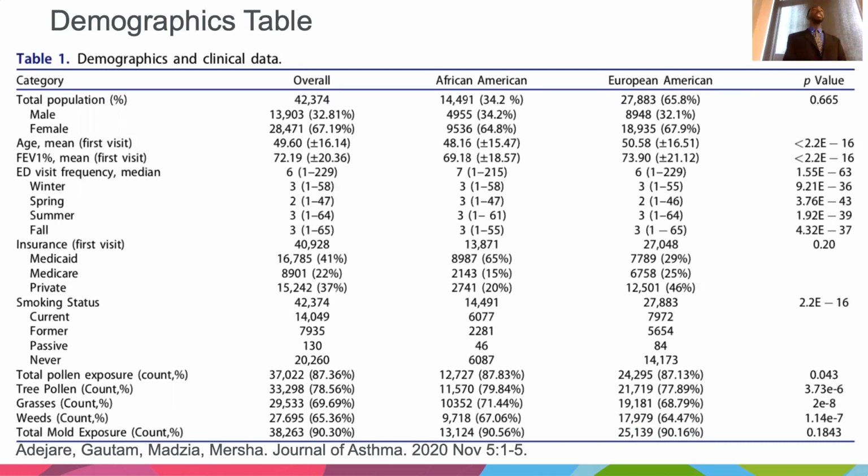I apologize for the density of this chart, but it's worth mentioning that here FEV values for African Americans were lower than their European American counterparts, and ED visitations were higher for African Americans than their European American counterparts.